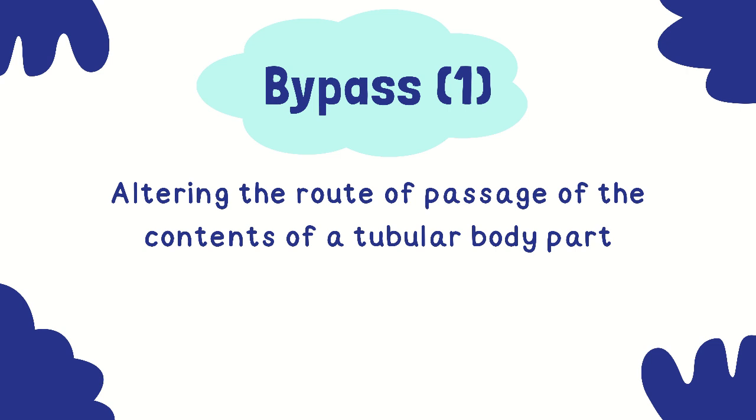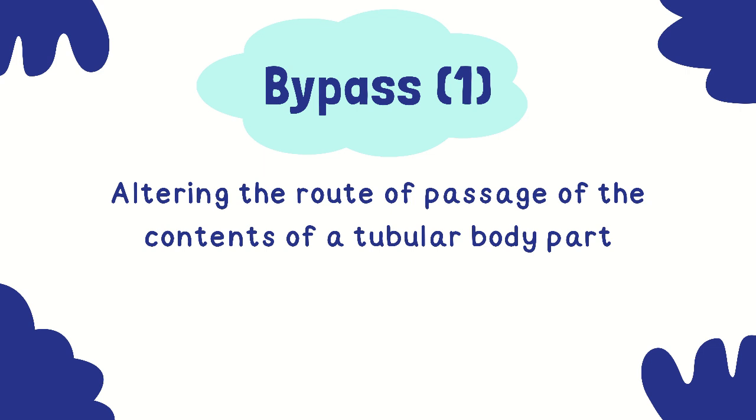So, bypass procedures represent rerouting procedures. And I'm pretty sure you've heard of many of these bypass procedures. So, this can involve rerouting contents of a body part to a downstream route or to a similar body part and route.